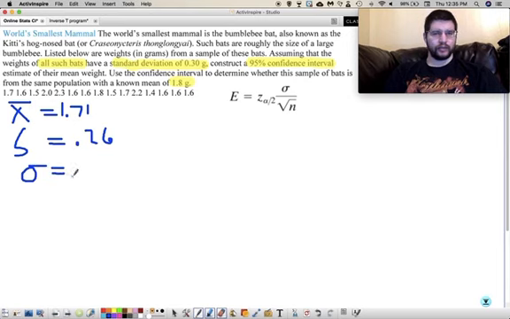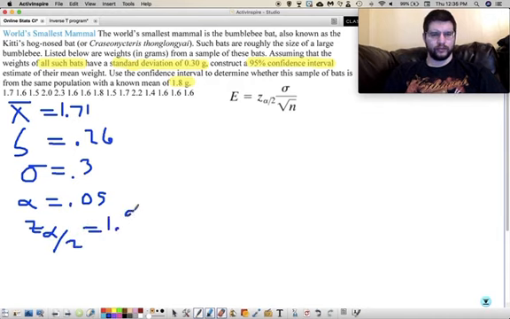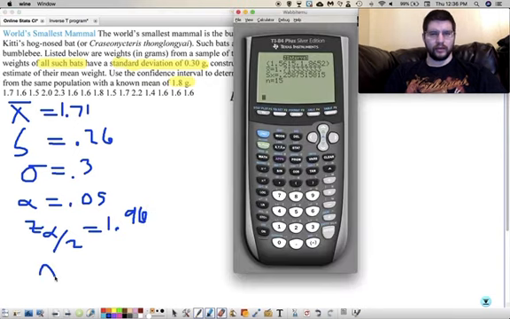Sigma is given as 0.3. Alpha is 0.05. So Z of alpha over 2, done this one too many times, is 1.96. And n is 15.